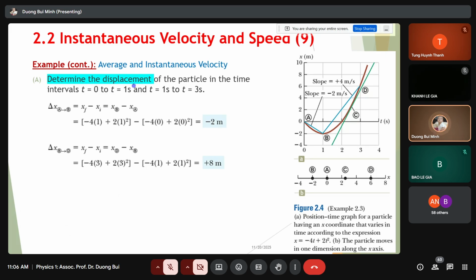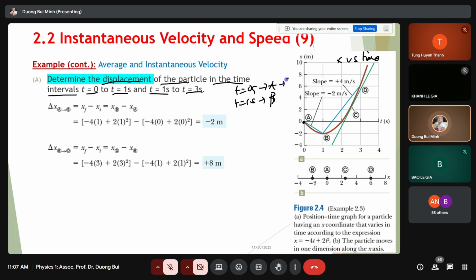Determine the displacement of a particle in the time interval t is 0 to t is 1, and t is 1 to t is 3 seconds. We have x versus time like this, with point A, point B, point C, point D. For t is 0, you get point A, and t is 1 second, you get point B. So we calculate displacement.